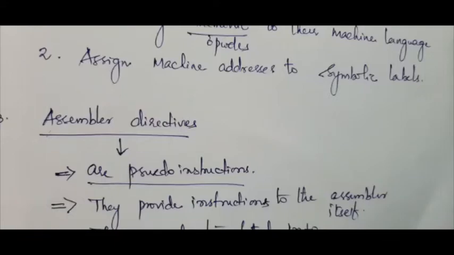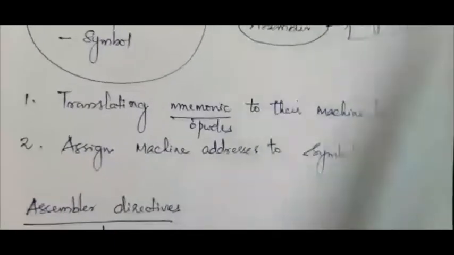Okay, so now we will see what is an SIC assembler. What does it do? So here we are going to see SIC assembler. This SIC assembler converts into a machine language program.